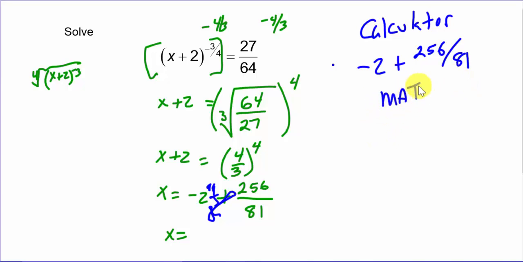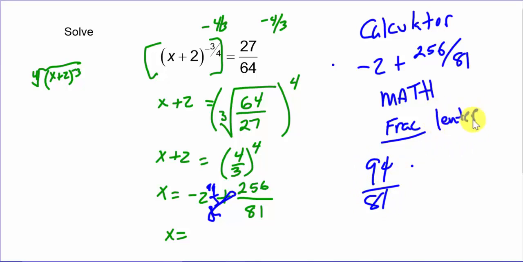If you hit the math button, a new screen will come up, and you'll notice at the top of that screen, there is the word frac. If you hit that button, it will take your input of negative 2 plus 256 divided by 81, and if you've hit math frac and hit enter, you get 94 over 81. Handy little button.